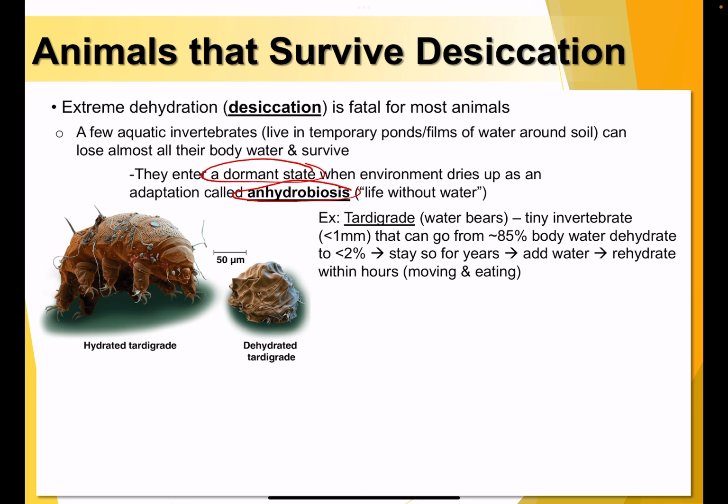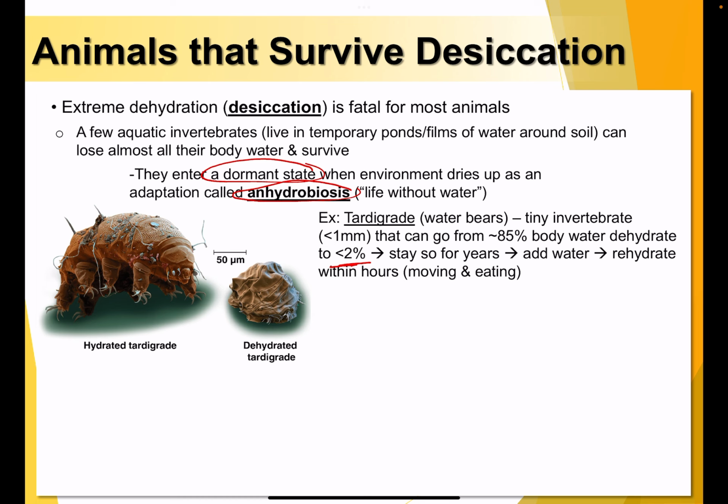I already talked about this once before, but here it is again. Tardigrades, commonly known as water bears, are aquatic invertebrates, very tiny, microscopic, less than 1 millimeter in length. They can go from 85% body water and completely dehydrate to less than 2%, and they can stay so for years.